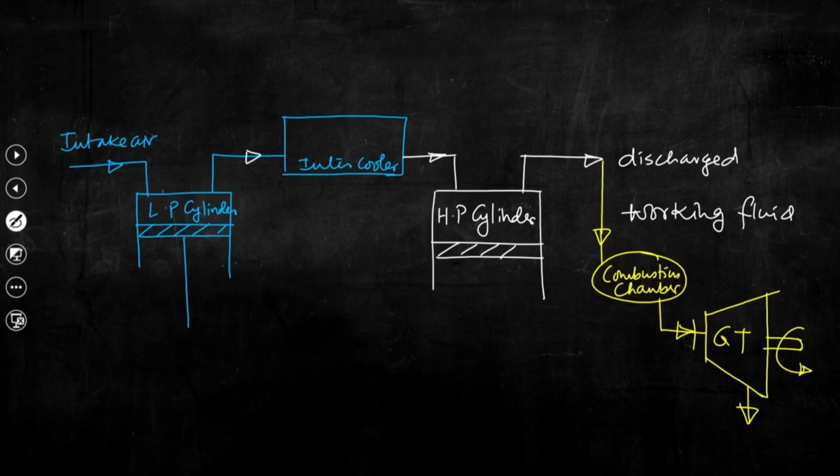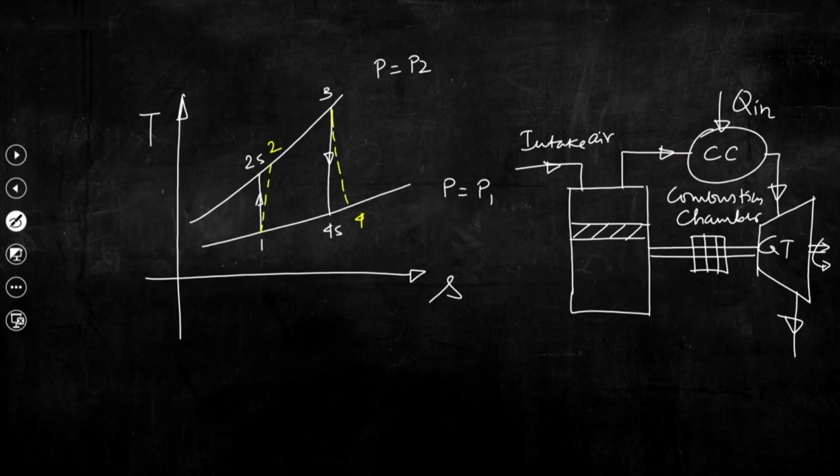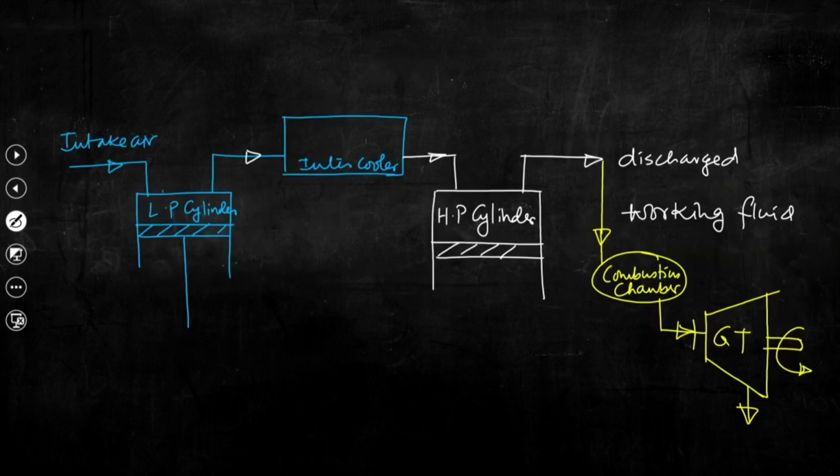The sole purpose is not to increase the temperature of the working fluid substantially, which would happen if we consider single stage compression, and hence we can eliminate several problems that will be there with single stage compression. We have discussed all those.